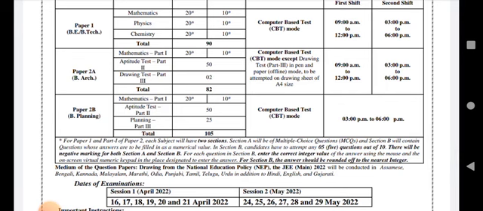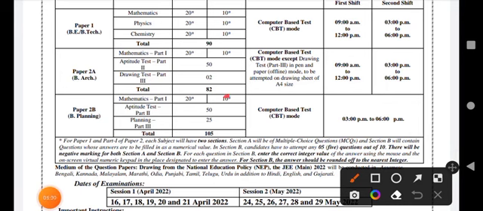For Paper 2A mathematics, you have section B, and similarly for Paper 2B also. Other things are additional. The drawing test is in offline mode and is attempted on a drawing sheet of A4 size.